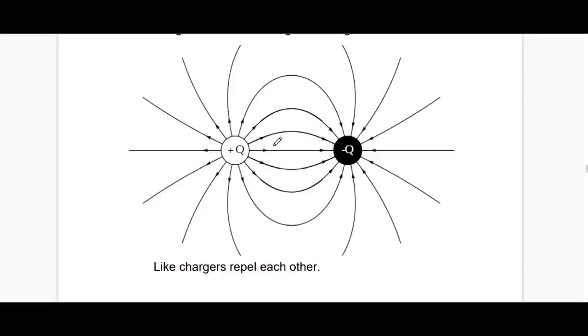So if they are placed close to each other, this is going to happen. As you can see, they go out of the positive one and go inside the negative one. And these ones at the side also want to converge, but the field is weak at this point because the distance is greater.